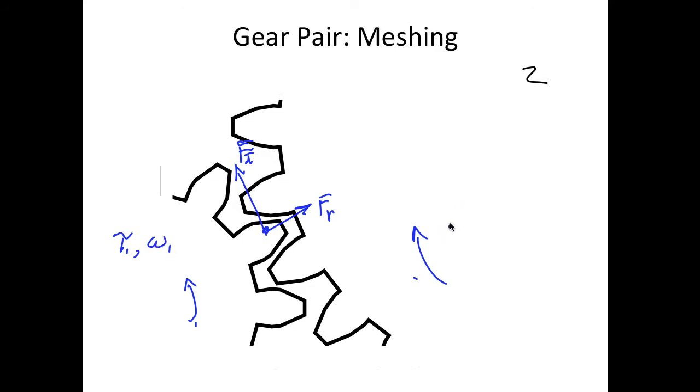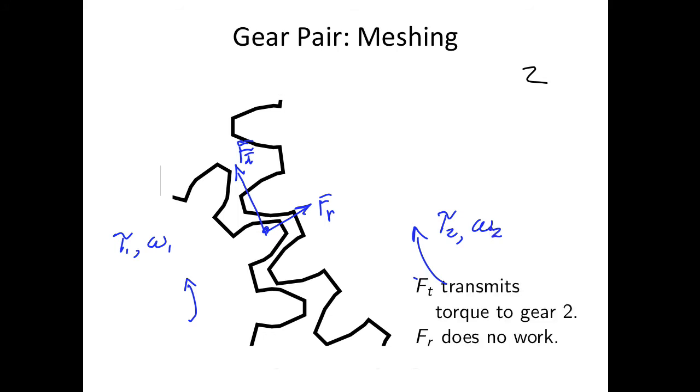And on the output side, we have torque, tau 2, and it's rotating with the angular speed, omega 2. And the things to observe is that the tangential force, F sub t, this is the one that's transmitting torque into the second gear. And then there's also this radial force, which is doing no work.